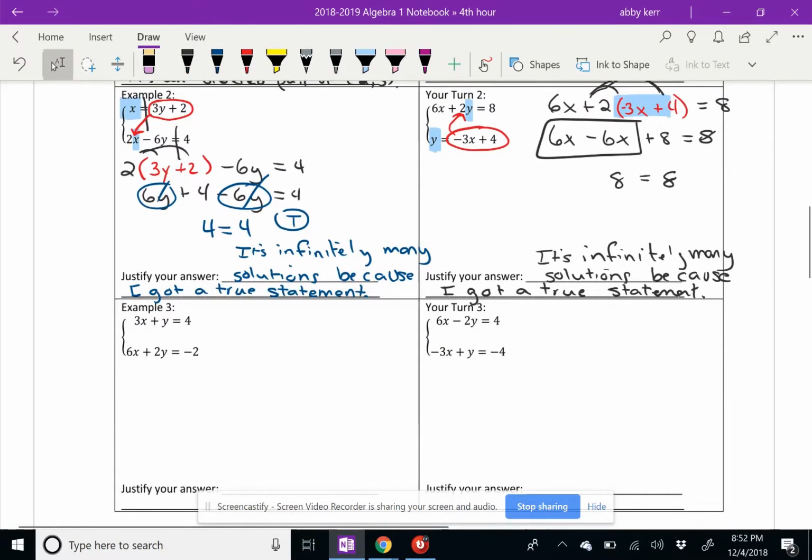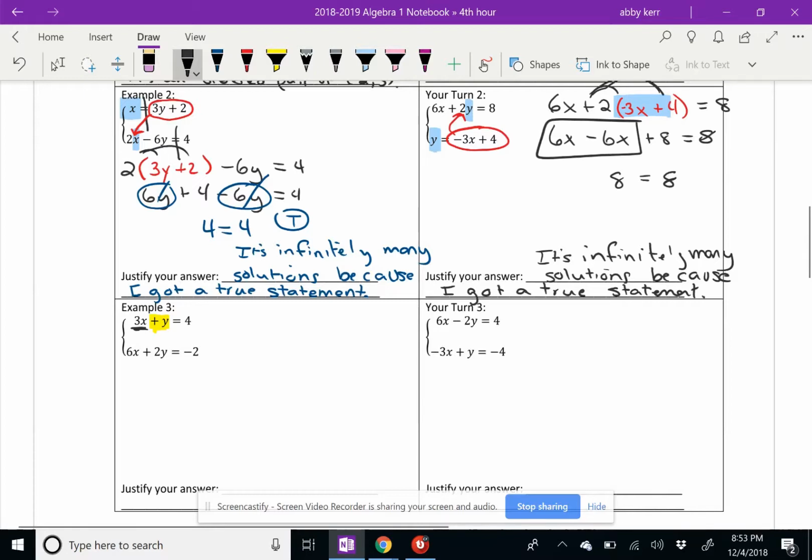Now, example 2 was pretty difficult because you had more than one term to substitute in. Example 3 is probably one of the hardest problems I can give you, because if you notice example 3, there is no isolated variable. It looks like the y is by itself, but if you go a little bit closer and see, you still have that 3x with it.